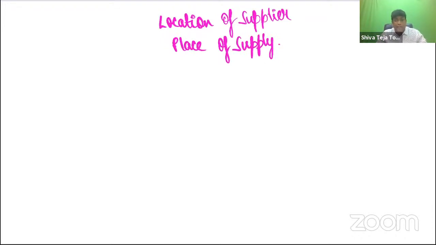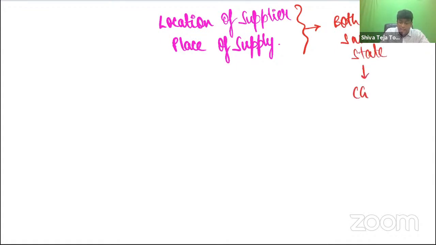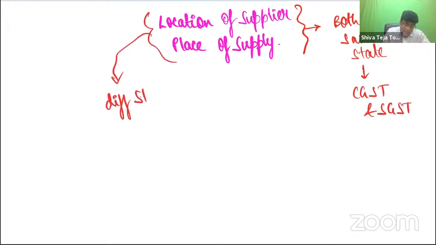And what we always say is that if the location of supplier and place of supply are both in the same state, we call it intrastate supply, where we charge CGST and SGST. And if the location of supplier and place of supply are in different states, we call it interstate supply, and we definitely charge IGST, my dear friends.